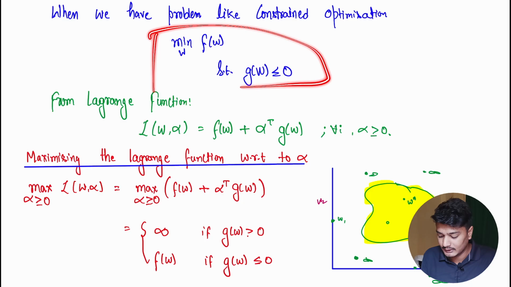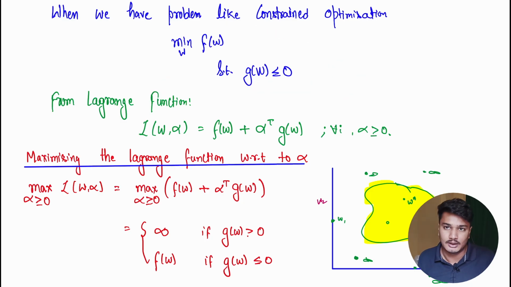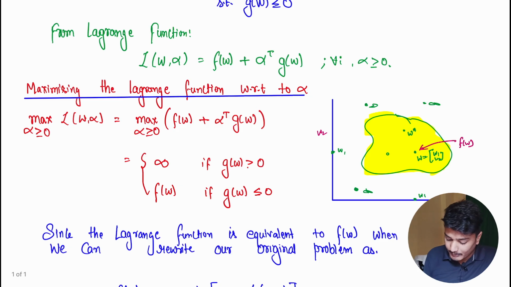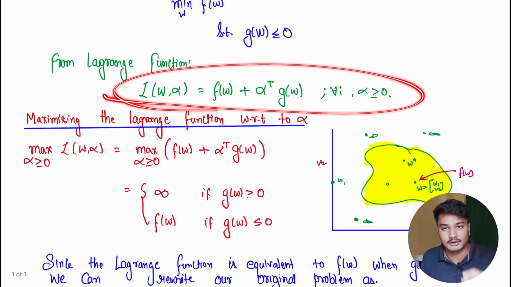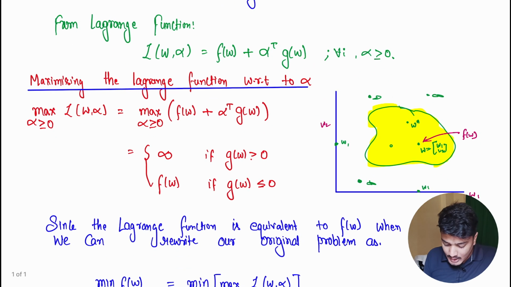We are just revisiting the constrained optimization problem, how to solve it, and when we reach the conclusion, we will apply this to our problem to get the optimal w. So first, we want to maximize the Lagrange function with respect to alpha.